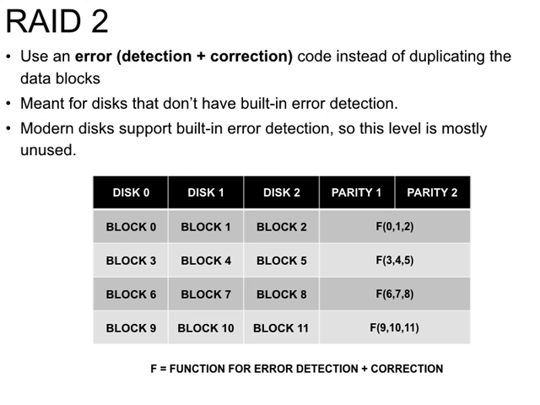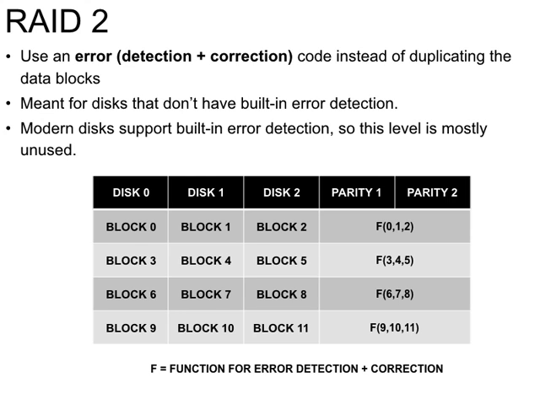So in this picture, we have three disks, disk 0, 1 and 2, and two parity disks, parity 1 and parity 2. We stripe data blocks across disks 0, 1 and 2, as in block 0, block 1 and block 2. Parity 1 and parity 2 disks hold some additional information, which is basically parity bits computed as a function of data blocks 0, 1 and 2.